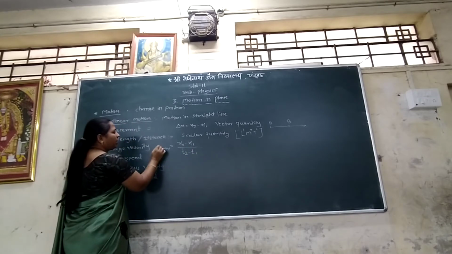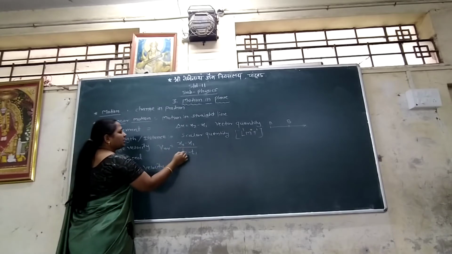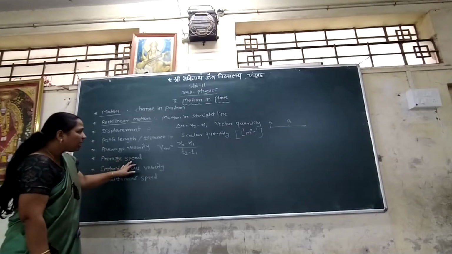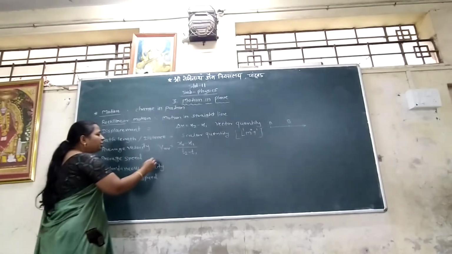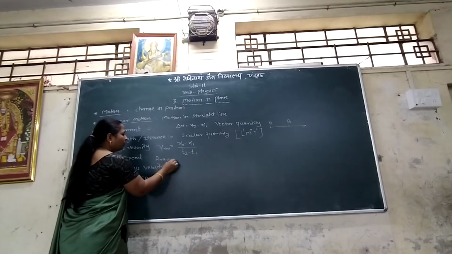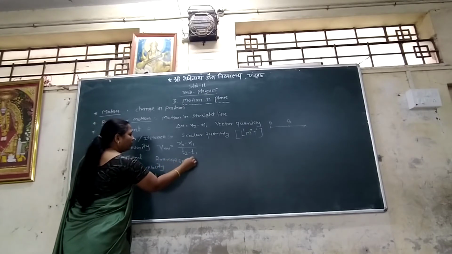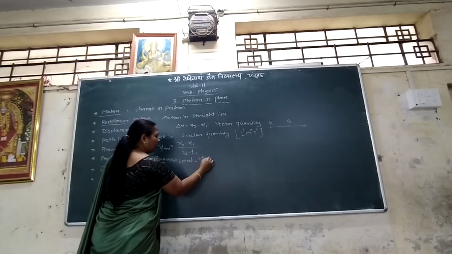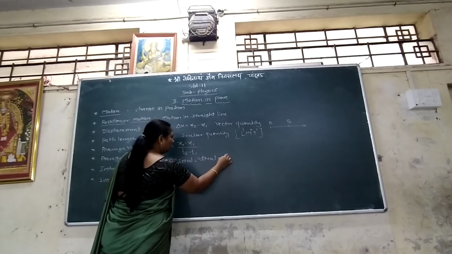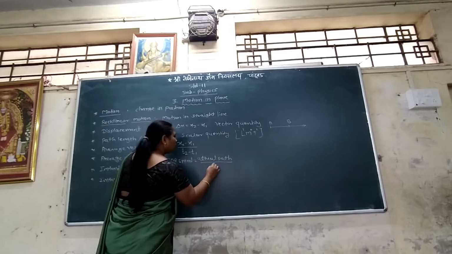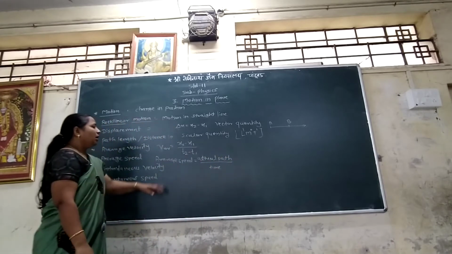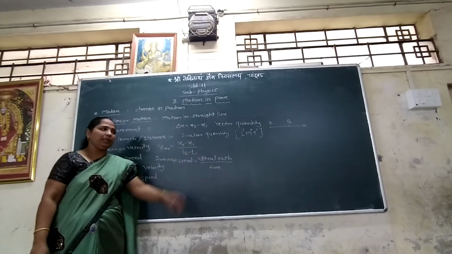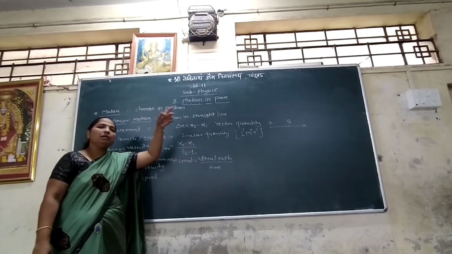Similarly, the actual path per unit time is known as average speed. Average speed is a scalar quantity and average velocity is a vector quantity.